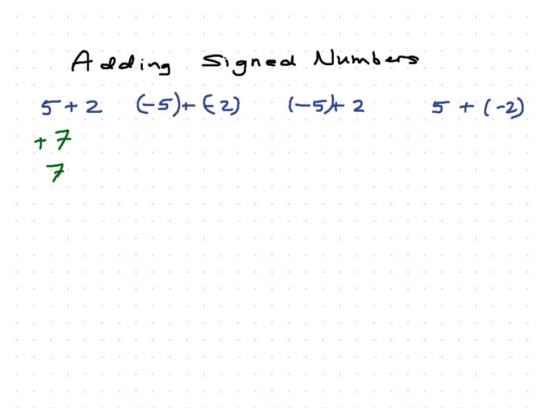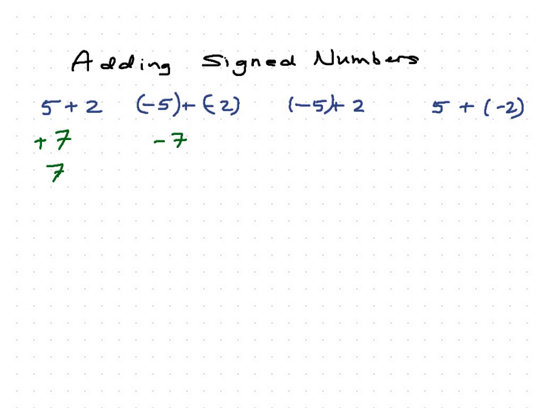So the rule for adding sign numbers is as follows. If the signs are the same, a negative 5 and a negative 2, you add them together and keep the sign of the number. So a 5 and a 2 becomes a 7. They're both negative, so it stays negative. The previous example, positive 5, positive 2, the total was 7 and the sign was positive.